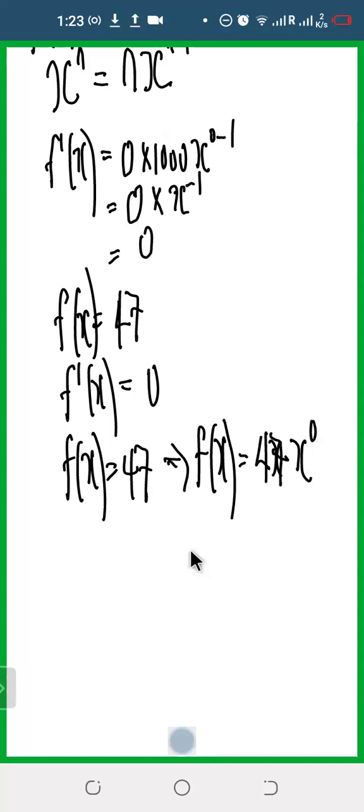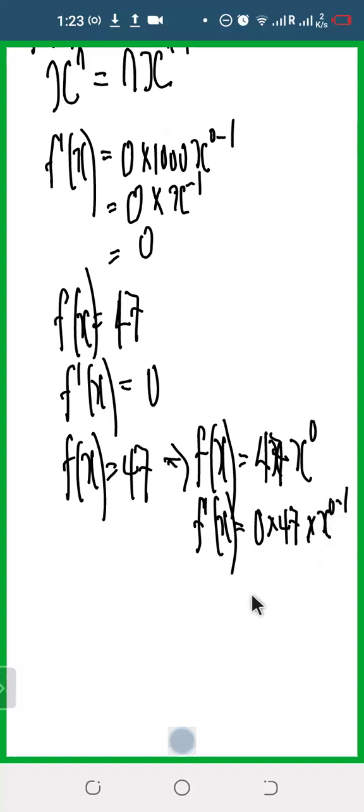So if we're to differentiate this, the f prime will be equal to what? 0 multiplied by 47 and then multiplied by x raised to power 0 minus 1. And we know that this will give us 0.